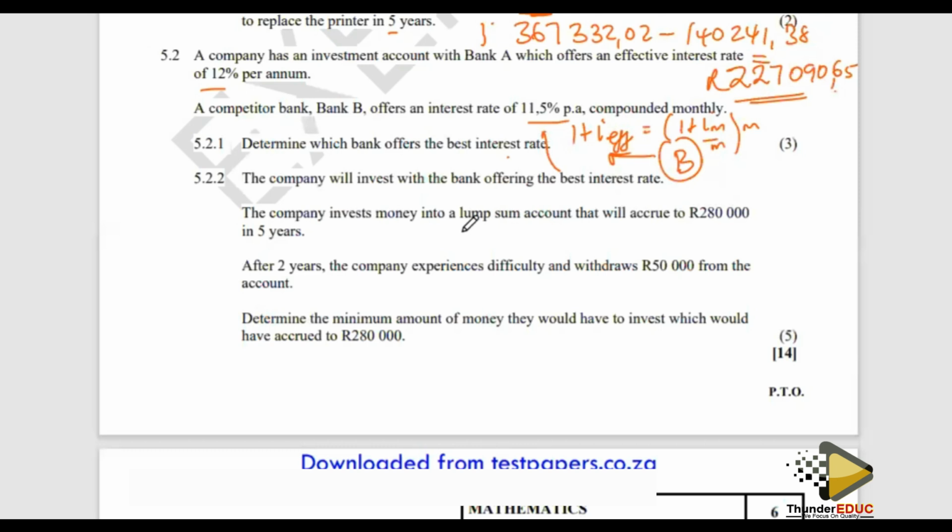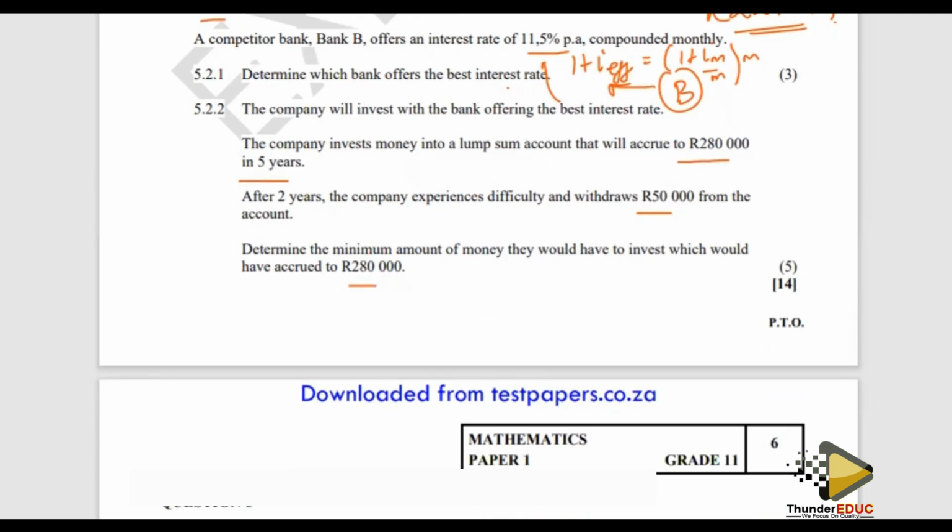Okay, invest money into a lump sum account that will get to 280,000 in 5 years. And then after 2 years, the company experiences difficulty and withdraws 50,000 from the account. Determine the minimum amount of money that you have to invest so that you end up with this. Now, what we need to know is that since there is a difference in the amounts, we definitely need the timing.